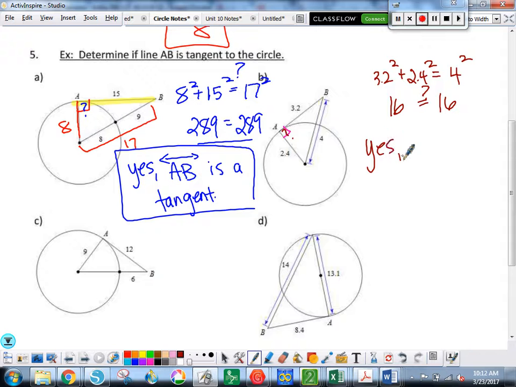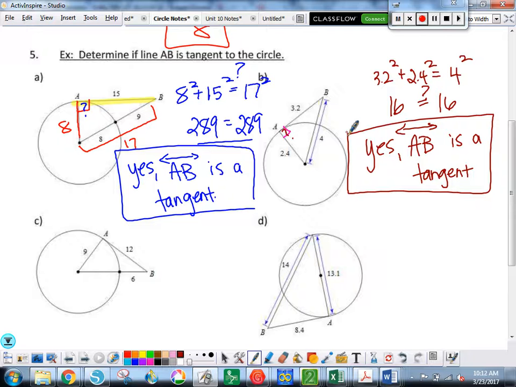Yes? Because they're the same, we know that AB is what? Yeah, we know AB is tangent. You have to say AB, yeah? With a line. Yeah, we're going to finish it off.